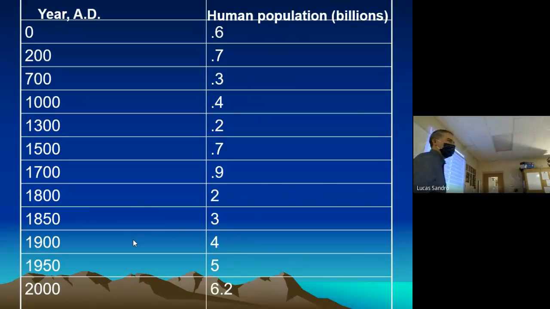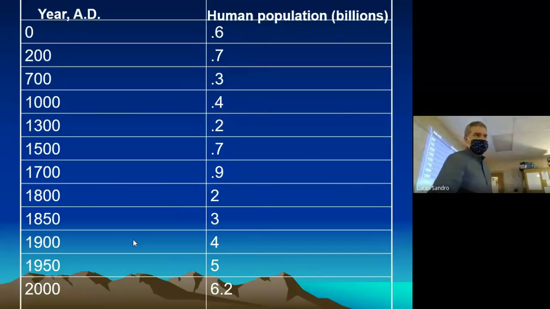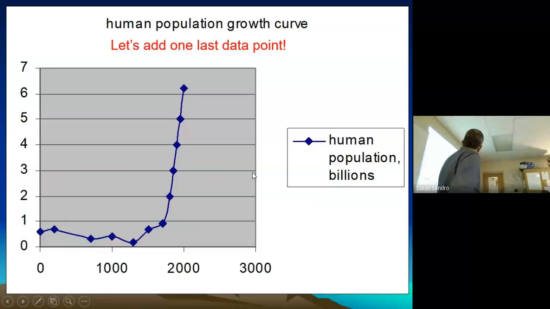Should we check the population now? You want to add another point? Why don't you put it in 2020 on your graph, and it should live update your graph when you put that data point in. Let's add one last data point. Census Department has an estimate.